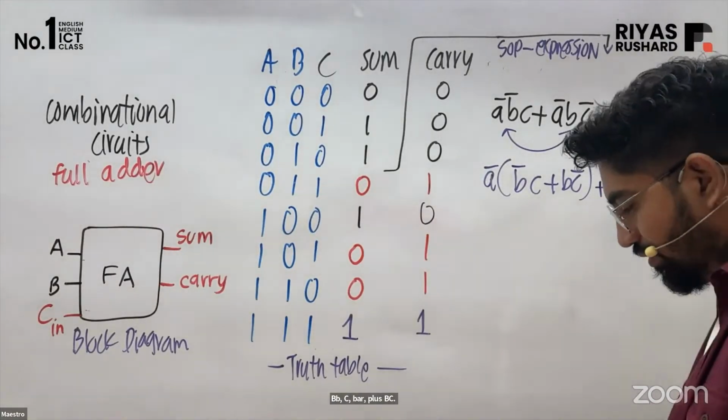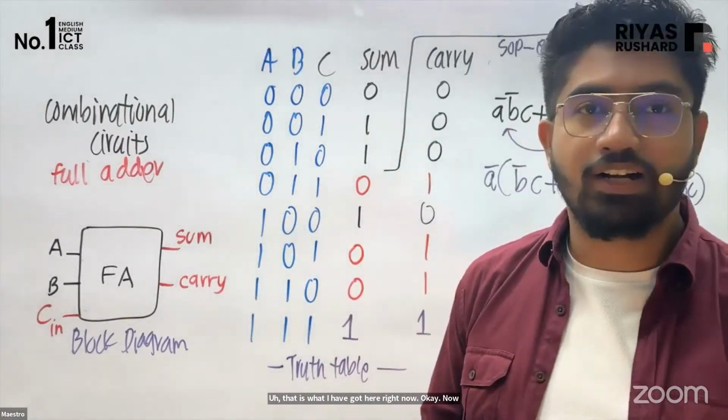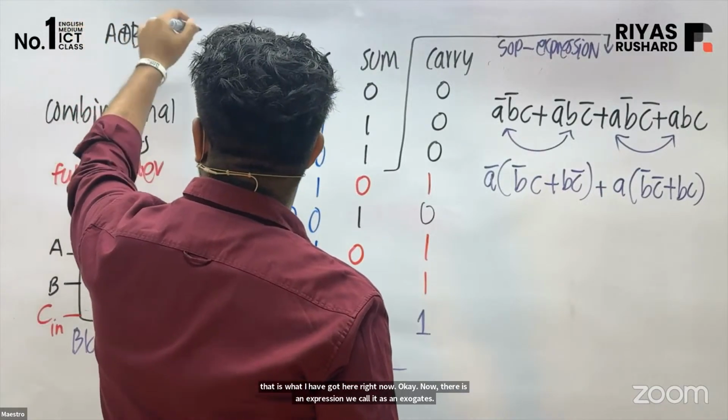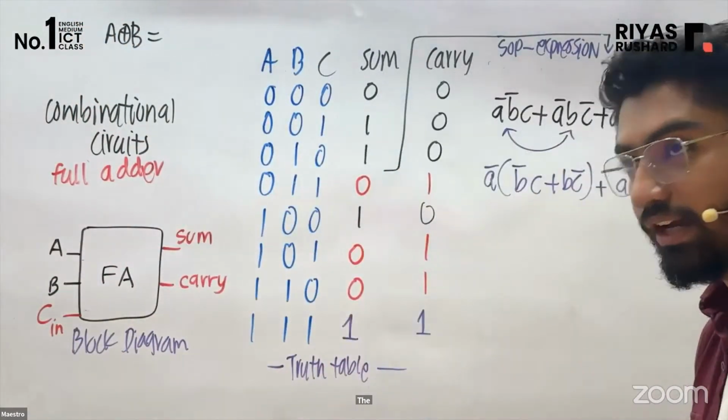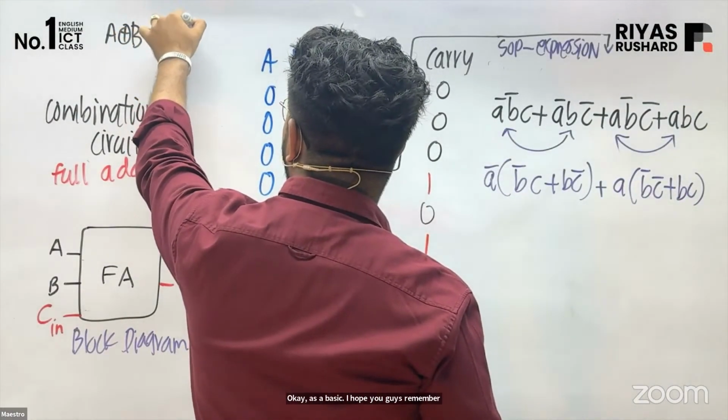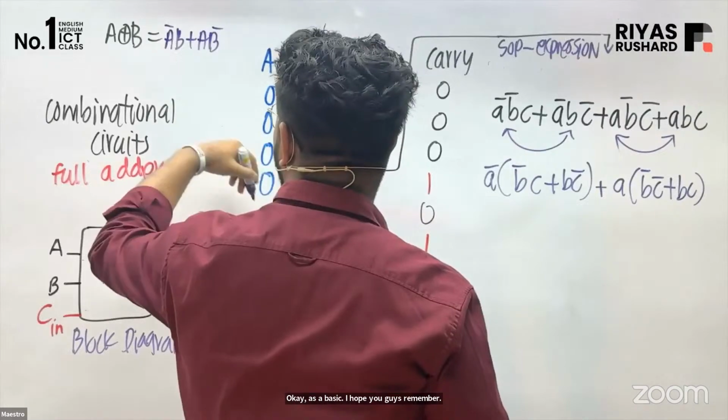Now there is an expression we call the XOR gate. If I say A XOR B, as a basic, I hope you remember, this is equal to A bar B plus A B bar.